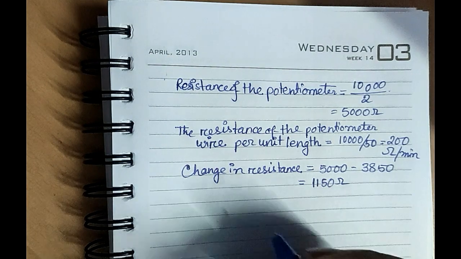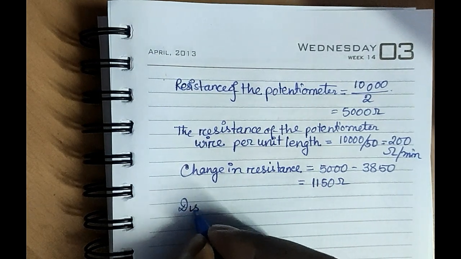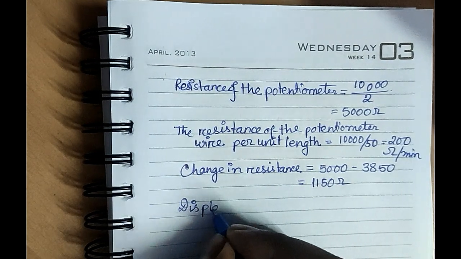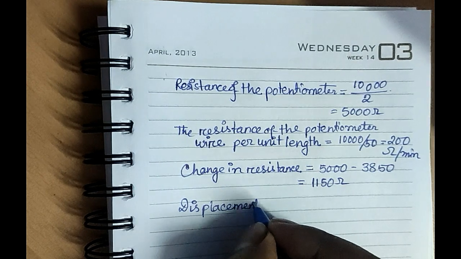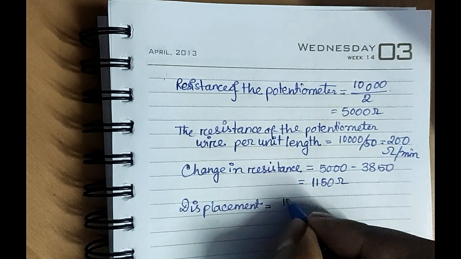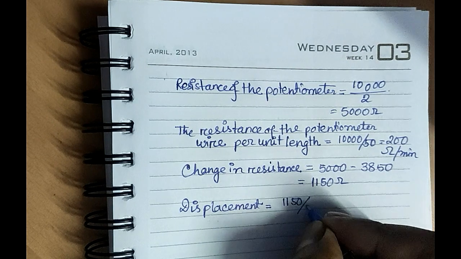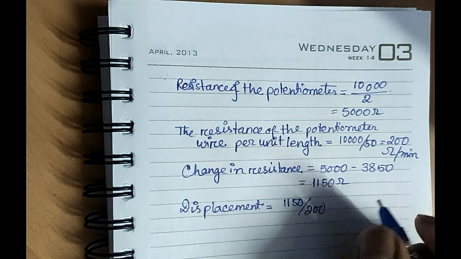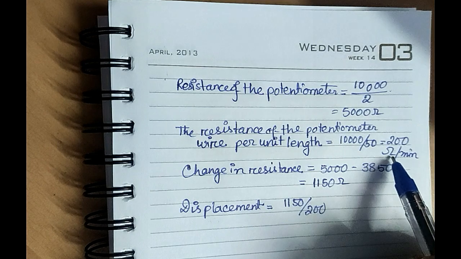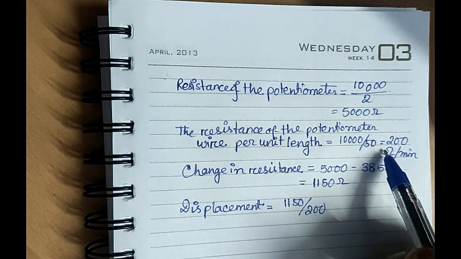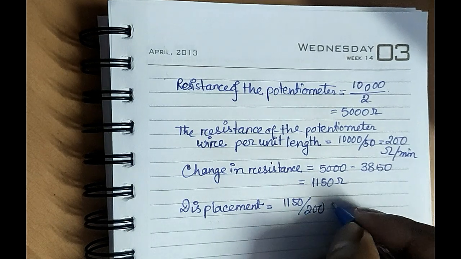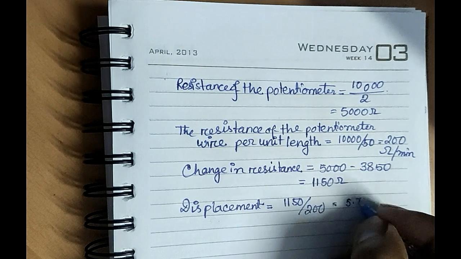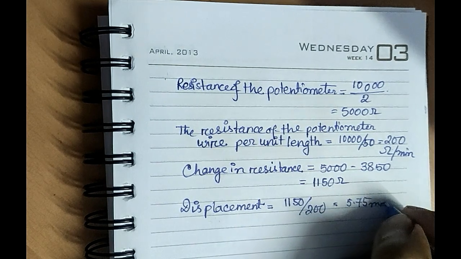So displacement will be 1150 divided by 200. This 200 is what we have already found, the resistance of the potentiometer wire per unit length. So the distance will be 5.75 mm.